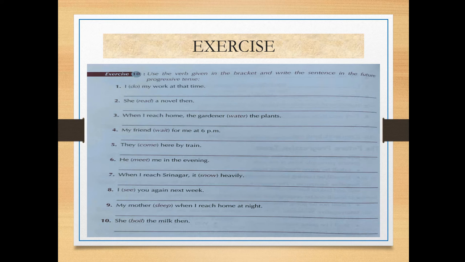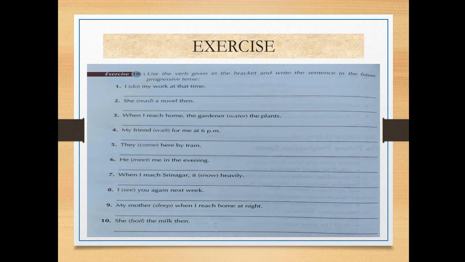Let's see the next one. My mother sleep when I reach home at night. My mother will be sleeping when I reach home at night. Let's see the last one. She boiled the milk then.